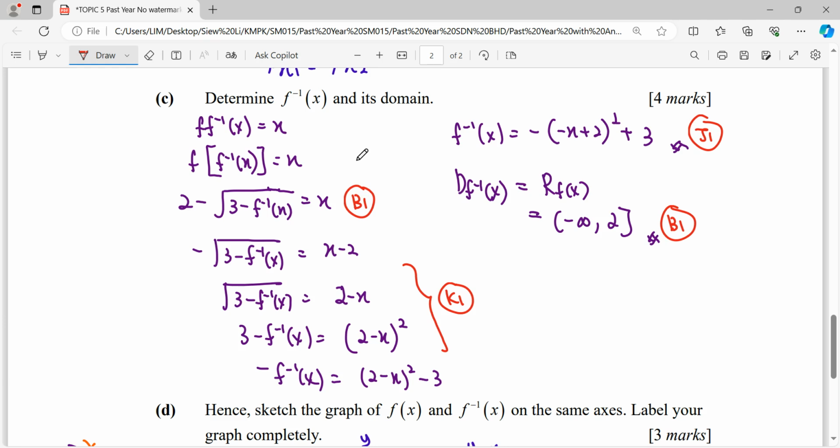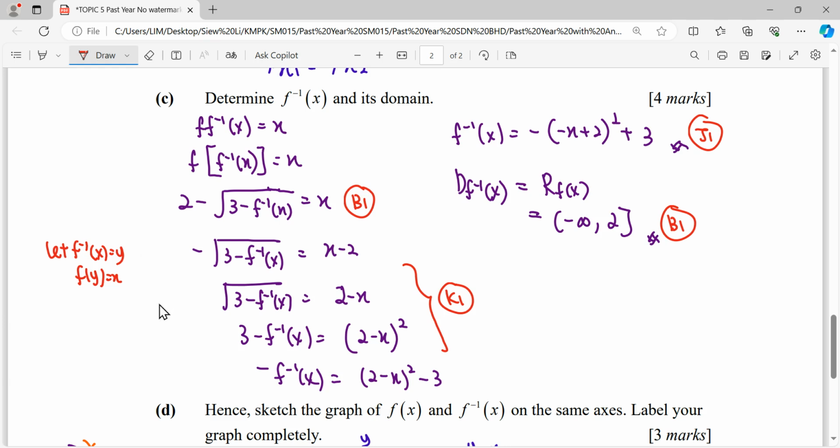We want to remind you here, our up-to-date syllabus encourages students to find F inverse using the composite function like this. So if you are still using let F inverse x equals y or F y equals x, we do not encourage you to do this step anymore.